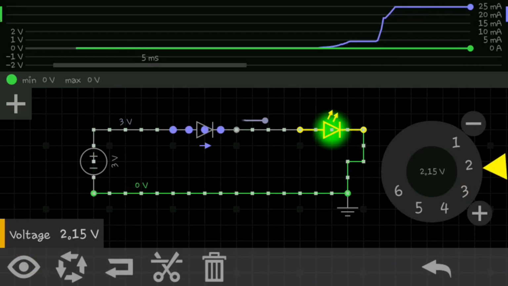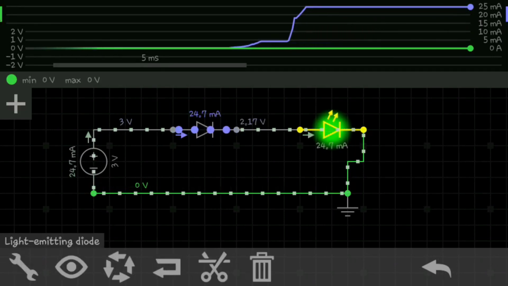The current can easily flow through them. They have almost negligible resistance.